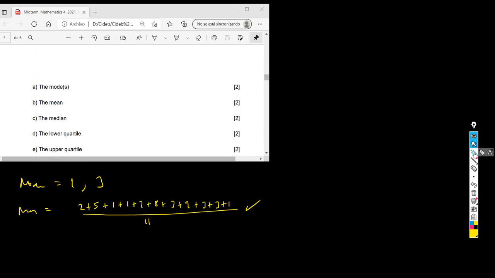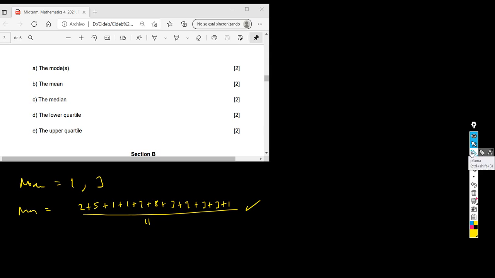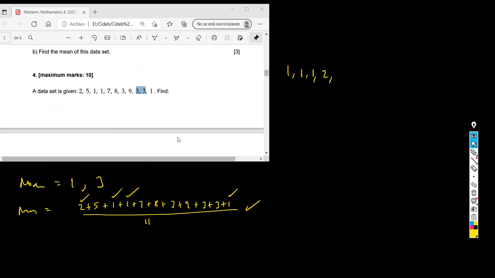The median. Just arrange them in order, find the number in the middle. Let me do that actually. That's going to be 1, 1, 1, and then we have a 2. Was this a 7 or a 2? 7.